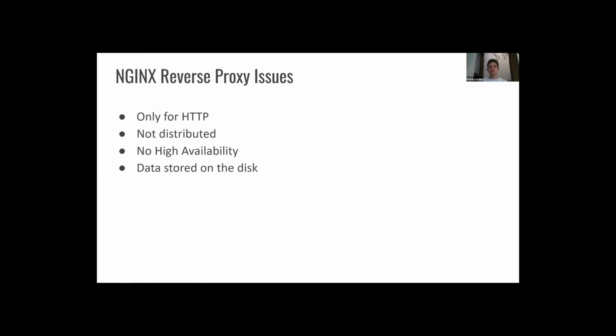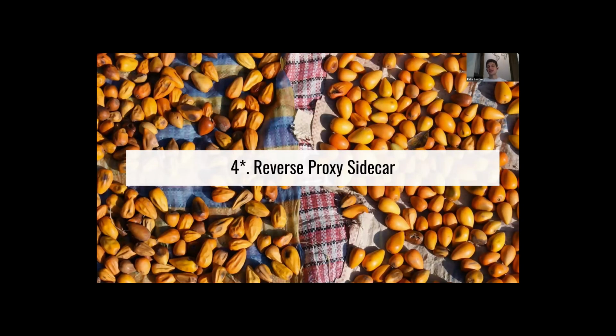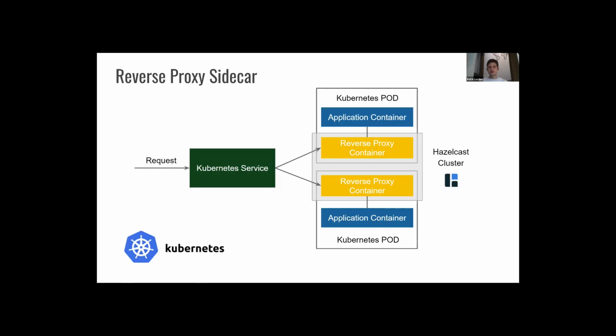Now, the last variant of this pattern would be to use a reverse proxy sidecar. How will it look like? The last pattern I would like to show you is reverse proxy sidecar caching. A request goes to our system, it's load balanced to one of the Kubernetes pods, but now inside the Kubernetes pod, it is not the application that receives the request, but something like an interceptor of the request, which contains the caching server, and it first checks, okay, do I have such a request cached?